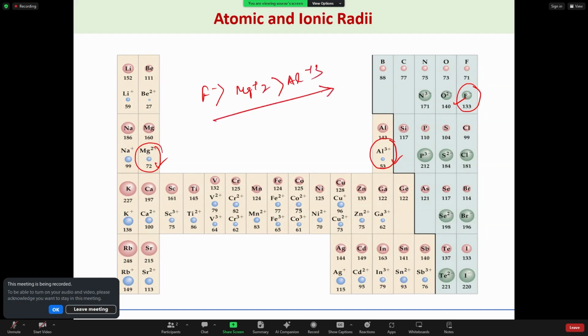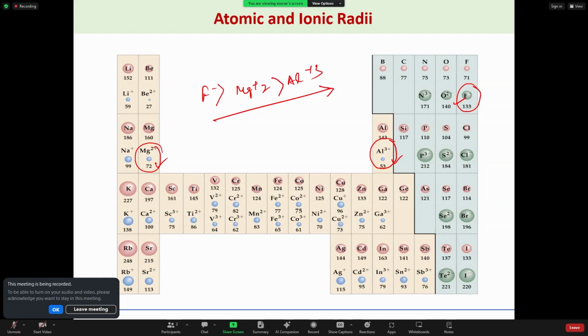What is happening? The number of electrons is the same, even though these are positive and this is negative. Isoelectronic means the number of electrons is the same, there are 10 electrons.